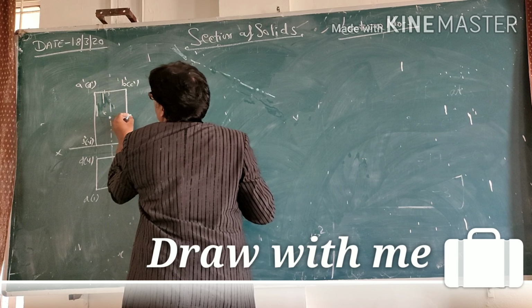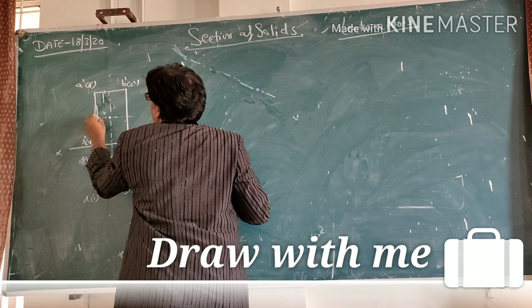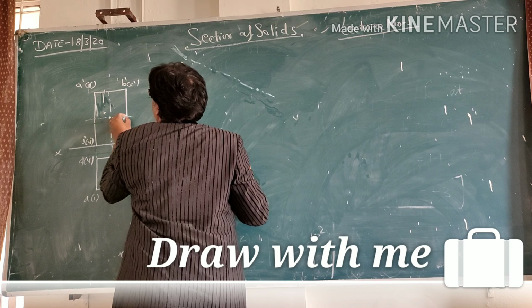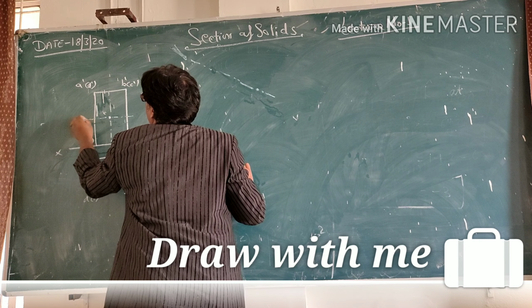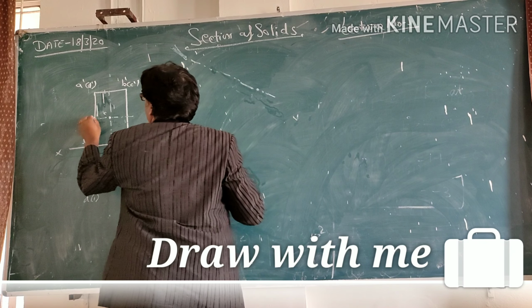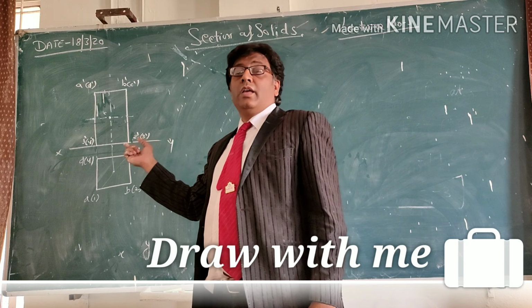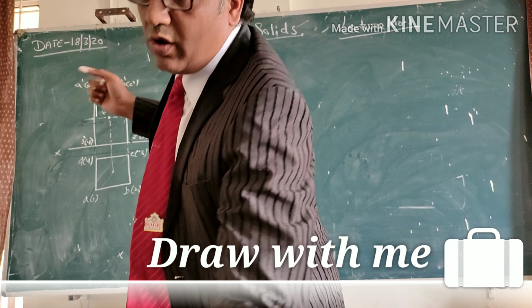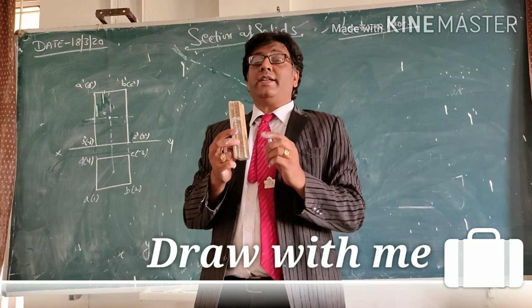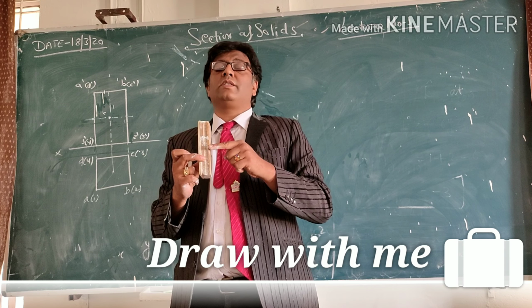So this is our cutting plane. Just naming this cutting plane. Always remember one thing, that this cutting plane cuts 4 of its longer sides: 1st, 2nd, 3rd, and this is the 4th.